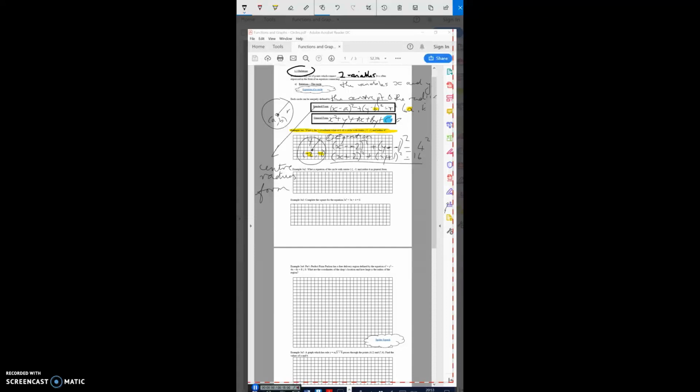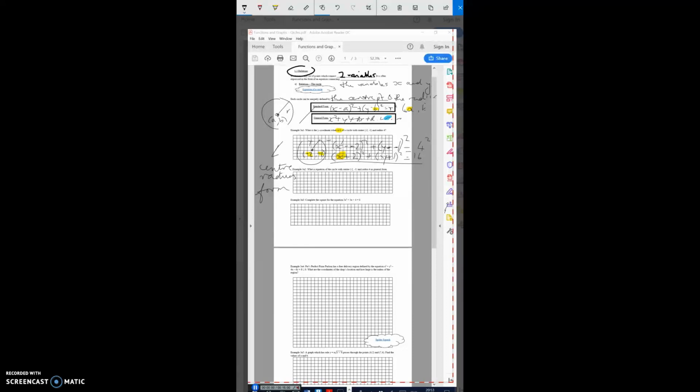Then we've got to find the y-coordinate when x equals 1. Well, we've got two unknowns in this equation. If we insert the x-coordinate, x equals 1, into this equation, then we'll only have one unknown.